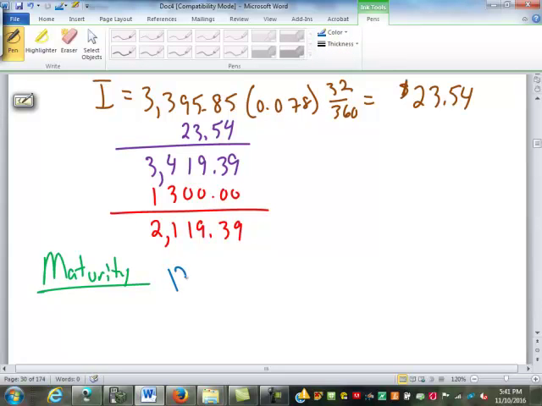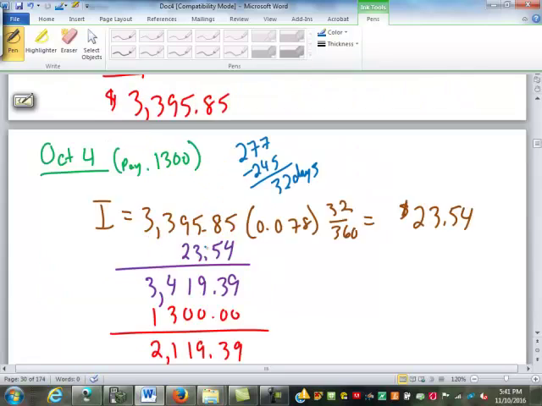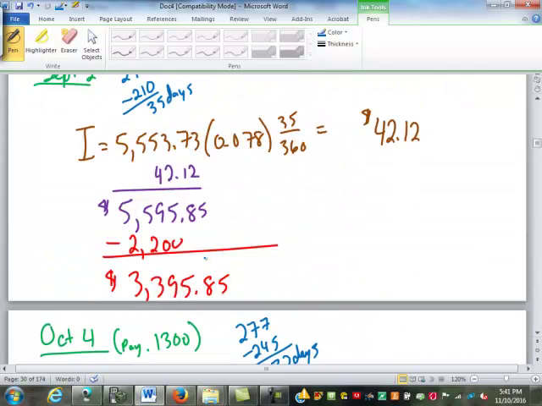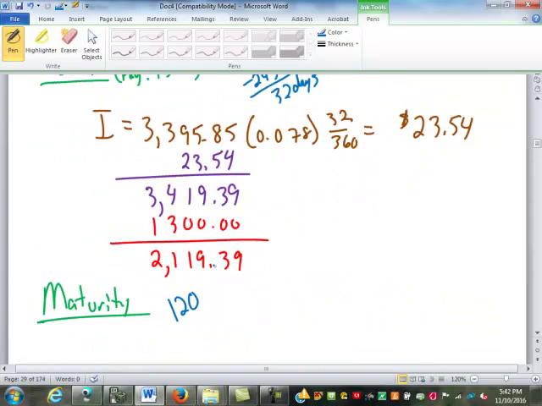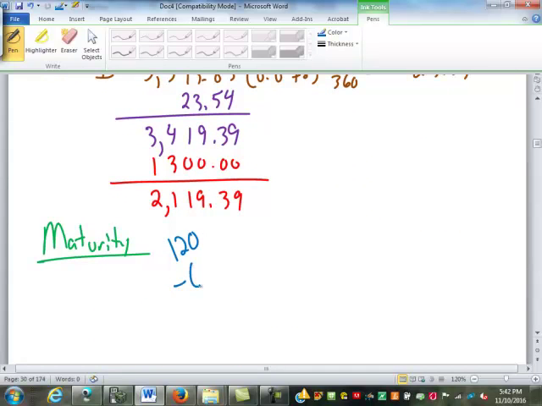To find our days, we have 120 days total, minus 32, 35, and 31. There's just 22 days left, correct?